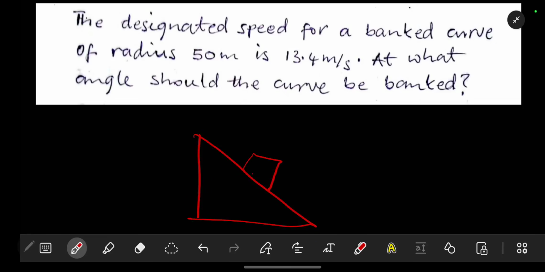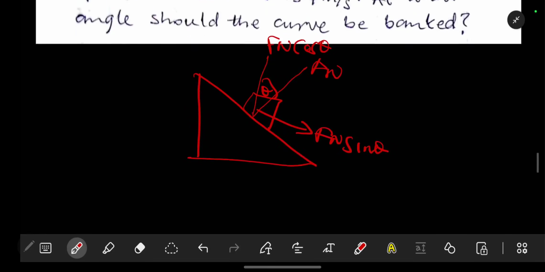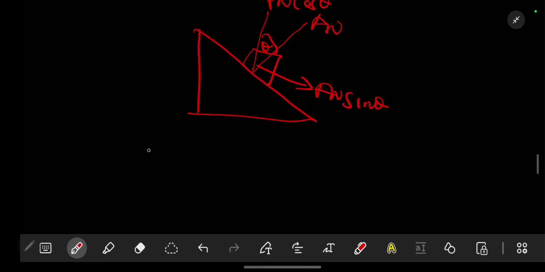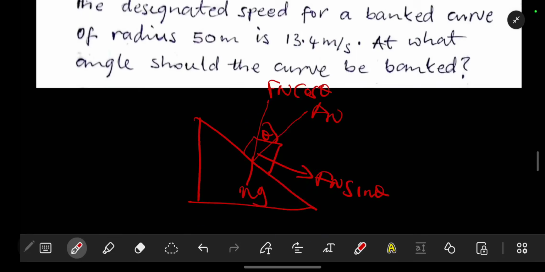It's going this side, so the angle is here. We have Fn cosine of theta. We have Fn sine of theta. Then this gives us the mg there. So we are just going to do the same thing.